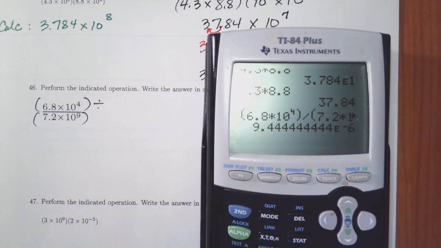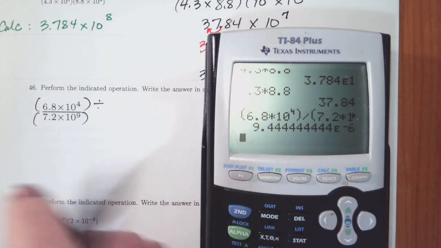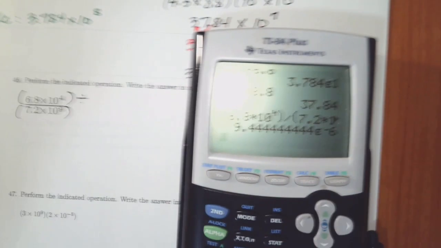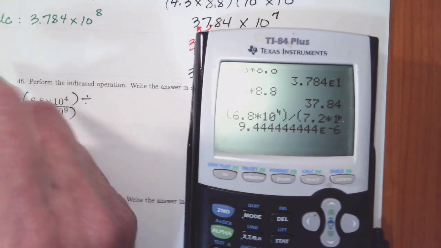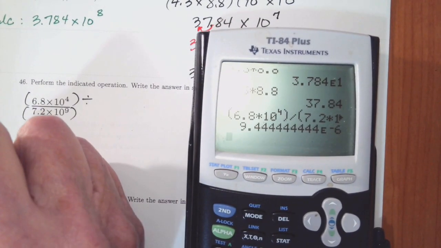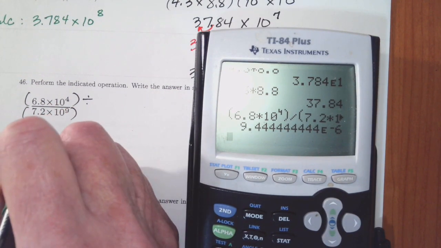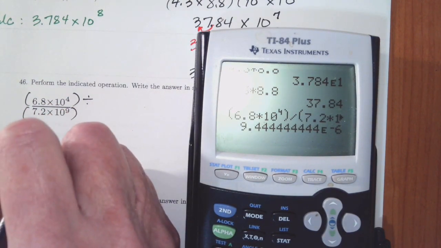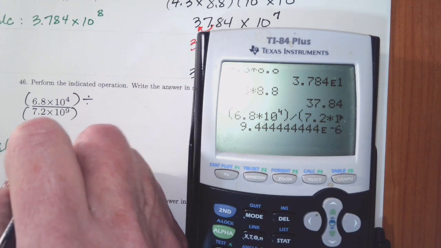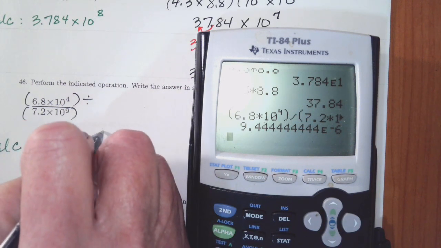And that gives me 9.444 E to the negative 6. So on my calculator, I'll just round it. It doesn't say anything about rounding, so I'll just write it as 9.44 times 10 to the negative 6.